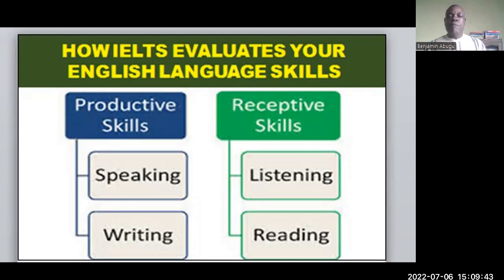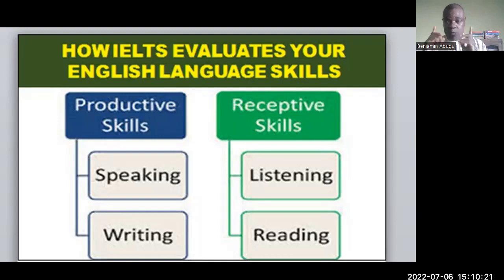Listening and reading carry 40, you expect 40 questions in each of them. So they are similar in terms of how IELTS evaluates your receptive skills. IELTS evaluates these receptive skills in a similar manner by giving you 40 questions in each module, and then allowing each question to carry one answer.